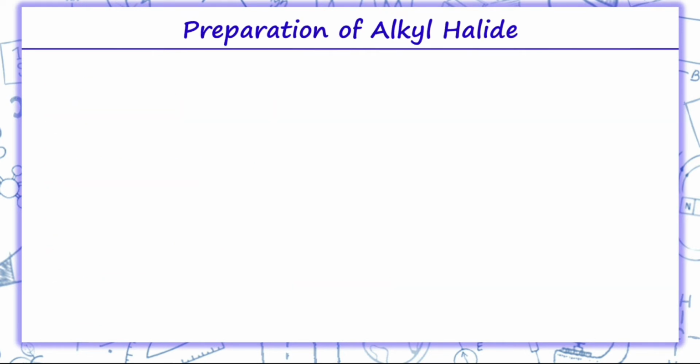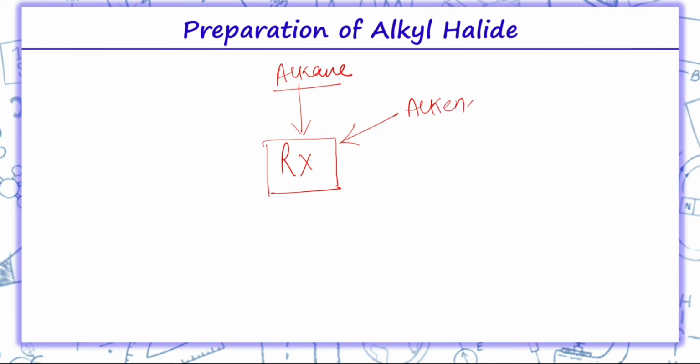So coming on to preparation of alkyl halides, we have to prepare alkyl halide. So we can prepare alkyl halide from alkanes, that is by the process of halogenation. We can prepare alkyl halide from alkenes by addition of halogens, addition of HX and alpha halogenation also.